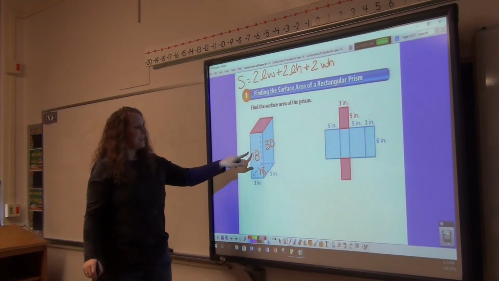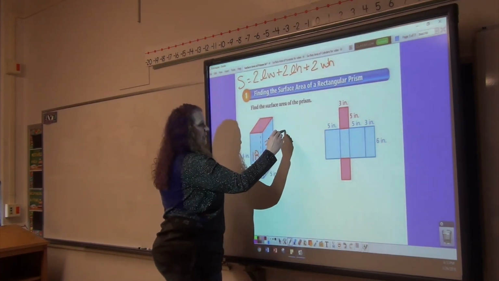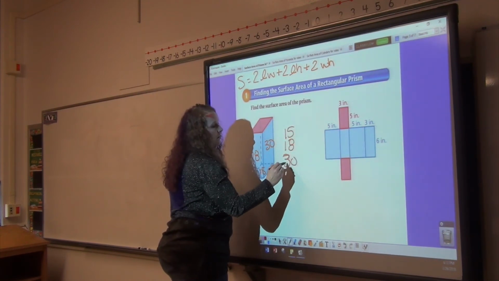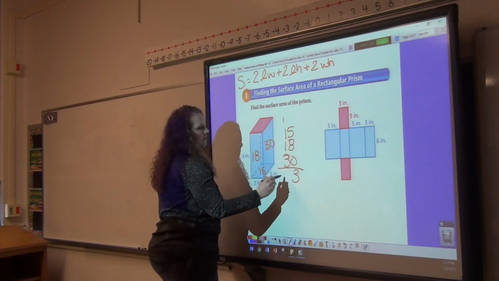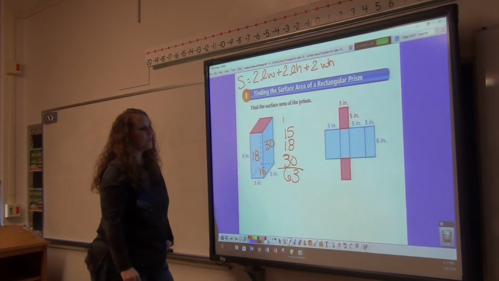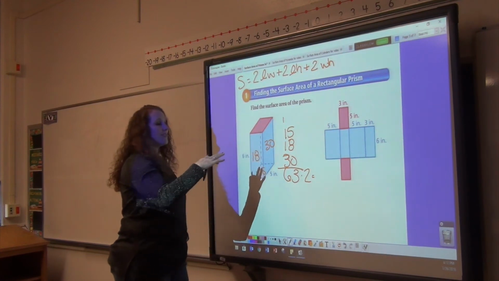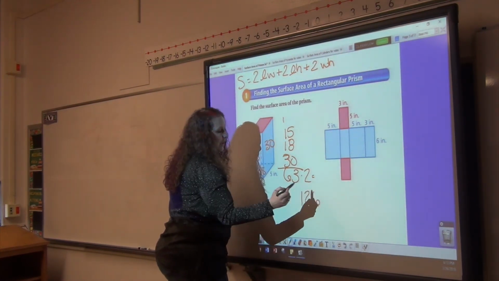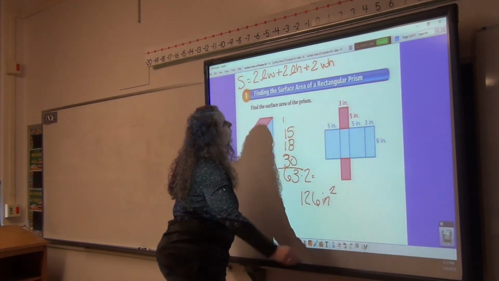So I have my base and 2 of my sides. I could actually add these together. 15 plus 18 plus 30. Okay, and then I need to multiply by 2 because I only have 3 of the 6 sides. And when I multiply by 2, I get the same answer I had before, 126 inches squared.